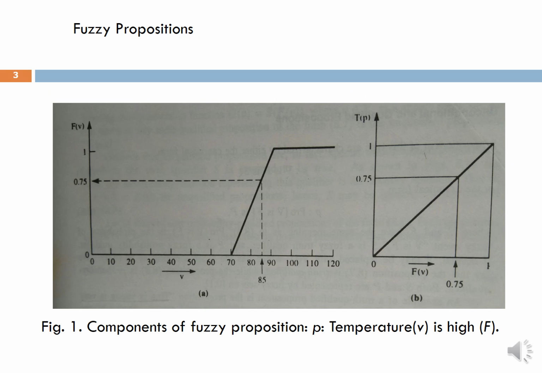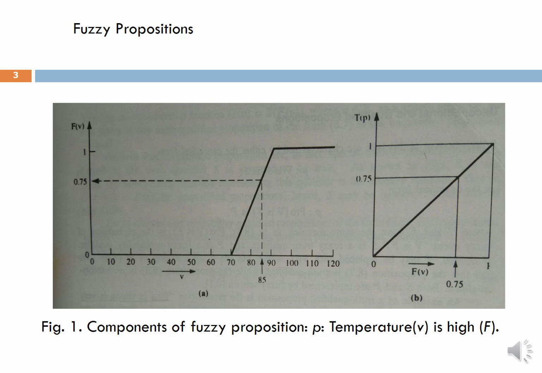First we look at the components of a fuzzy proposition. In figure A, let V be the temperature, where F of V is given.